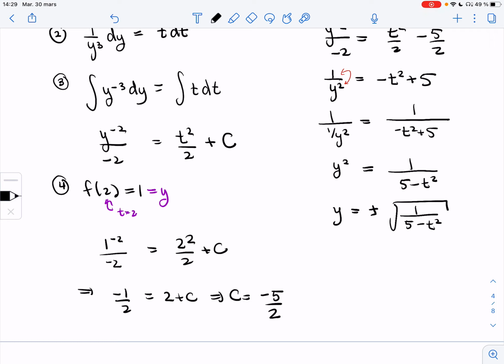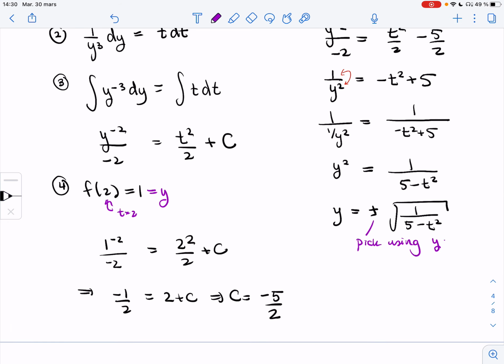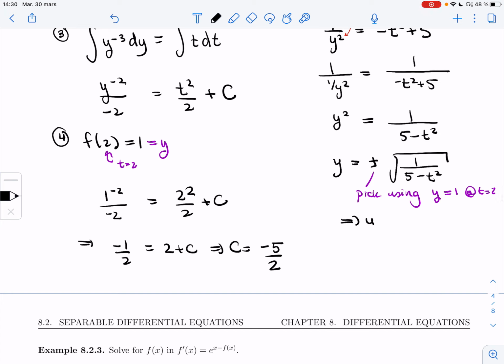Now I'm asking you for the solution, and here I have two different solutions. I have the positive root or the negative root. I need to pick which one. Since I have that y equals 1 at t equals 2, I need y to be positive, and so that means that y is positive square root of 1 over 5 minus t squared.